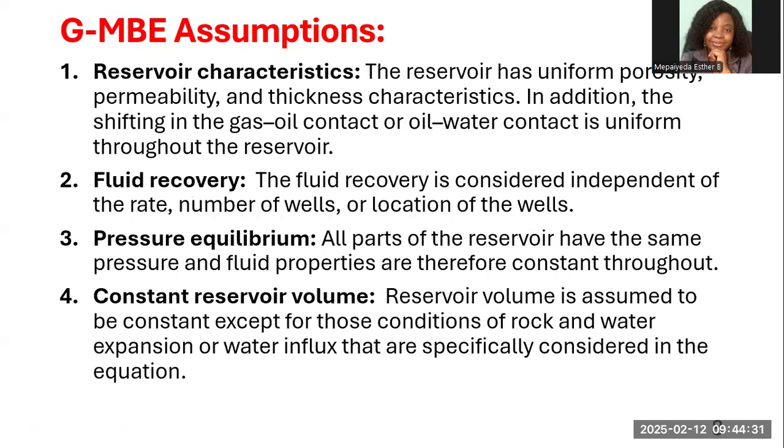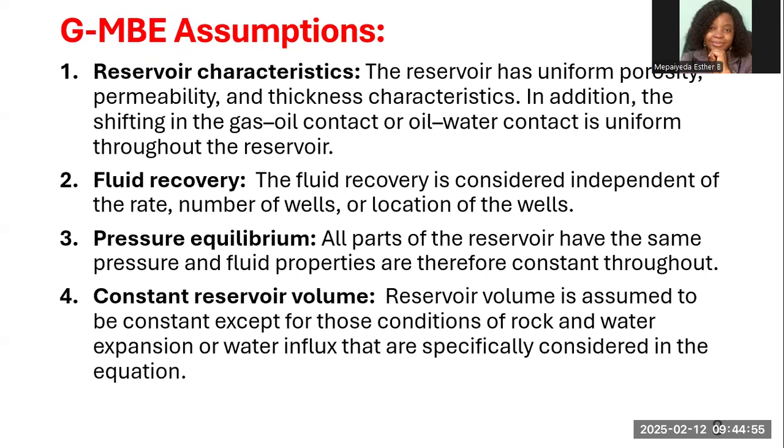The general material balance assumptions. I've said a little about this, but here we can see the assumptions. Basically, the reservoir characteristics, like I earlier mentioned: the reservoir has uniform porosity, permeability, and thickness characteristics. In addition, the shifting in the gas-oil contact or oil-water contact is uniform throughout the reservoir.